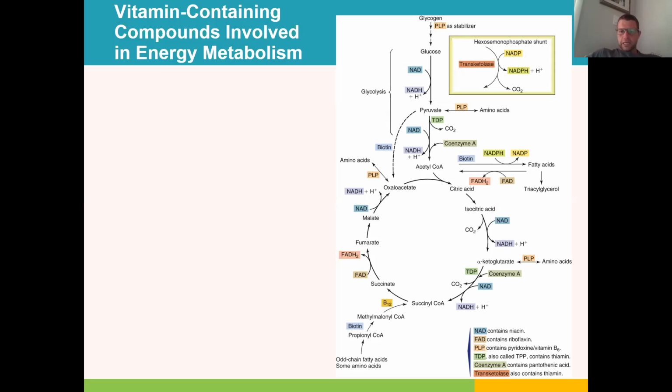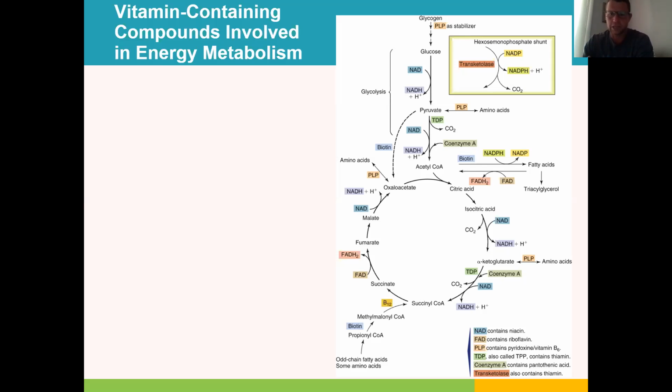It shows you that NAD contains niacin, FAD contains riboflavin, PLP contains pyridoxine, vitamin B6, TDP, also called TPP, has your thiamine, coenzyme A contains pantothenic acid, and transketolase contains thiamine.